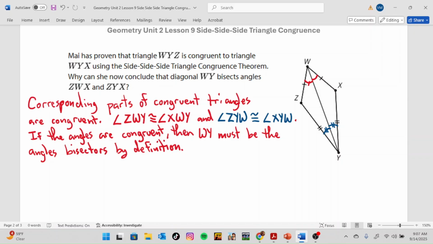So we're just taking the information that's given to us, which is that the two triangles have already been proven congruent, using the next piece of information that we know, which is that corresponding parts of congruent triangles are congruent, and showing that if the angles are congruent to each other side by side, then the line splitting them by definition is the angle bisector.